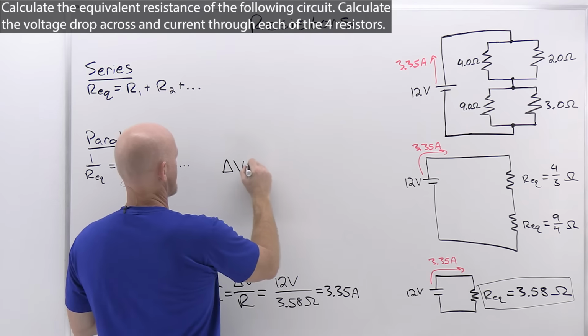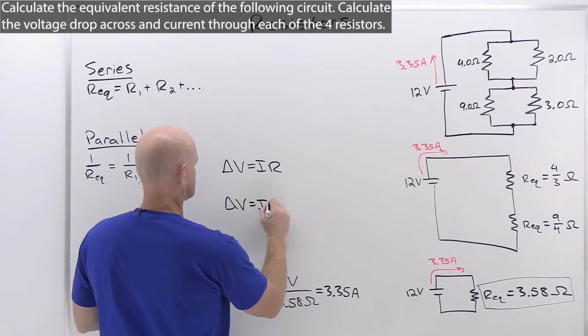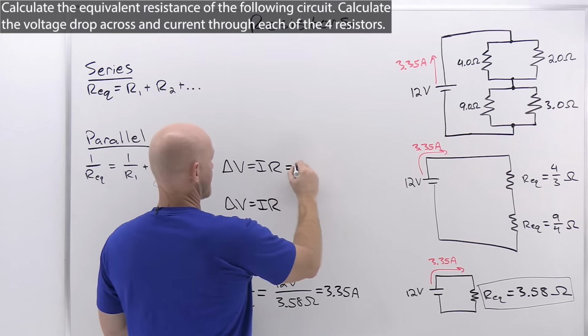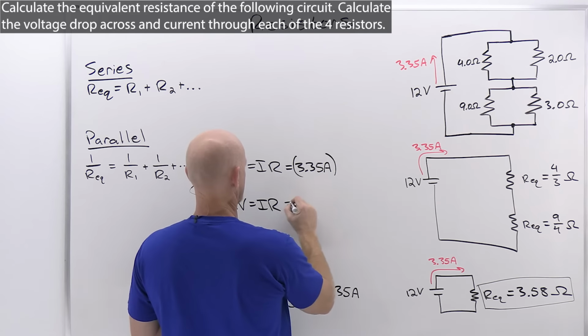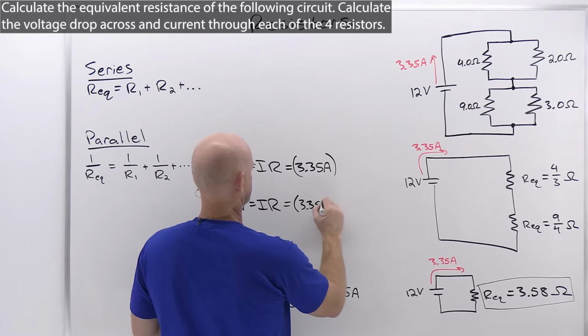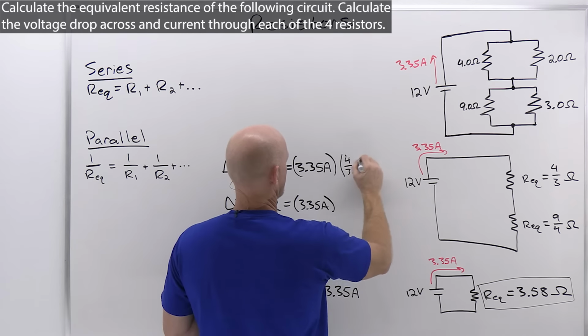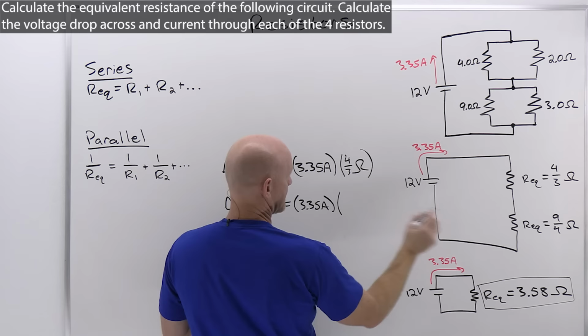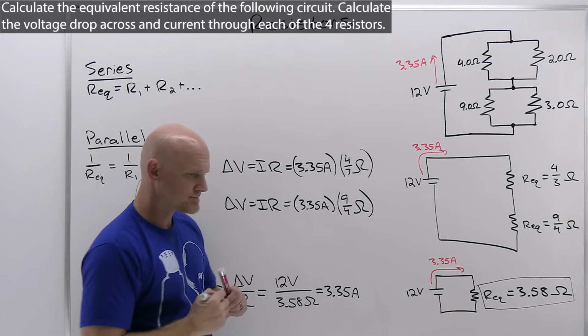So we've got two parts of this calculation. Delta V equals IR. So in either case, it's going to be 3.35 amps. In the first case, times 4/3 ohms. And in the second case, times 9/4 ohms.